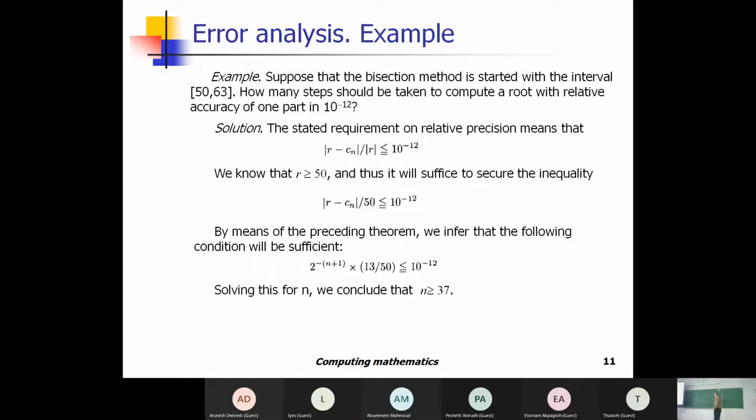And in the right hand side is a constant, right? It's just a number. So I can write this inequality as 2 power minus n smaller than some constant. This is the form of this inequality. And we need to find the n. How to solve this inequality? How to find the n?